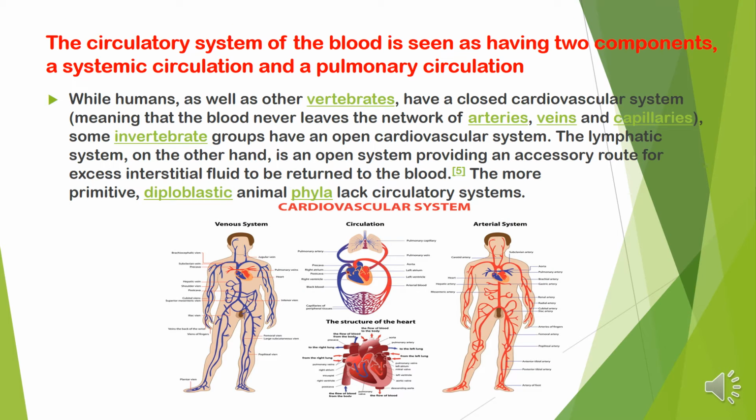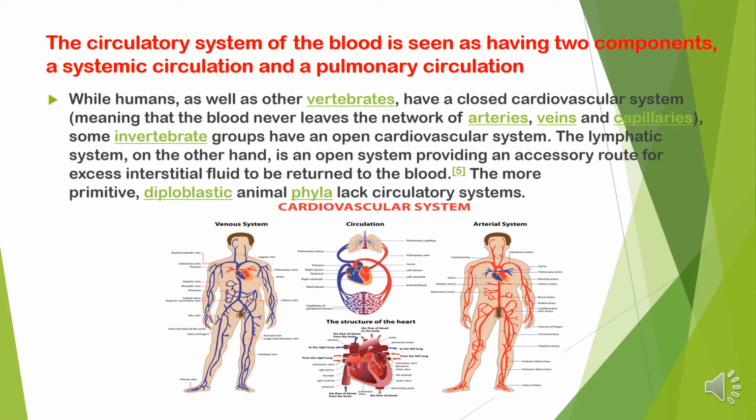The circulatory system of the blood is seen as having two components. And what are those? A systemic circulation and a pulmonary circulation. Humans, as well as other vertebrates, have a closed cardiovascular system, meaning that the blood never leaves the network of arteries, veins, and capillaries.